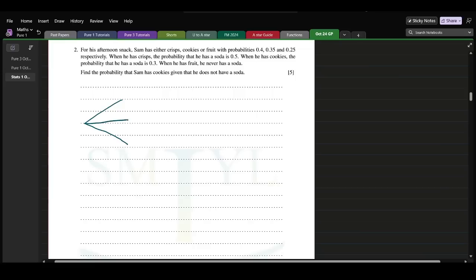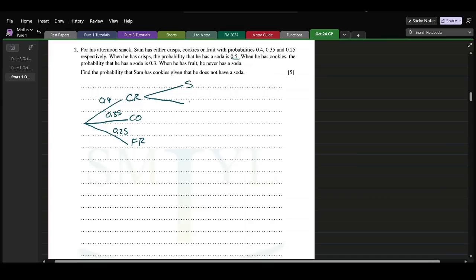So we've got Sam having either crisps, cookies, or fruit, and this is with probabilities 0.4, 0.35, and 0.25. Alright, and we're told that when Sam has crisps, the probability of him having a soda is 0.5.